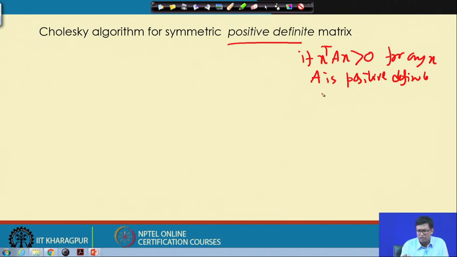The other idea is that all eigenvalues of A are greater than 0.